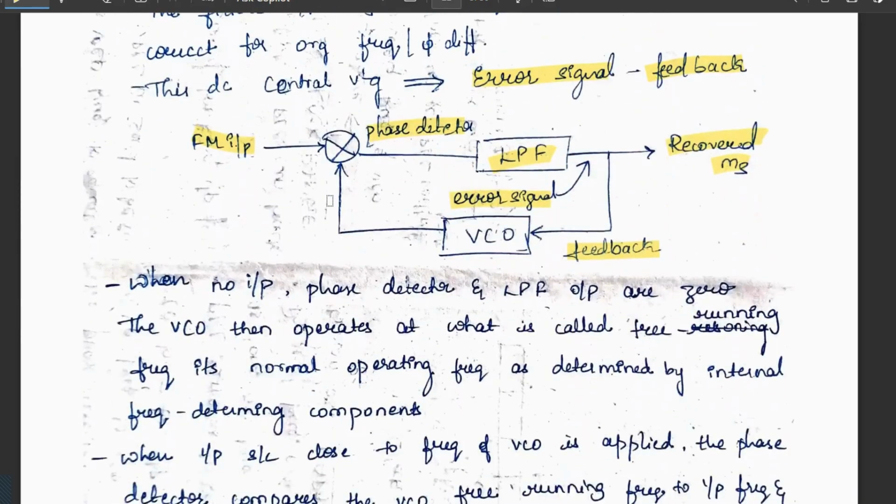When there is no input, the phase detector and the low pass filter outputs are 0. The VCO then operates at what is called the free running frequency, its normal operating frequency as determined by the internal frequency determining components.